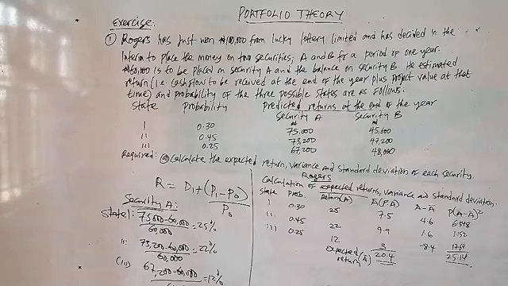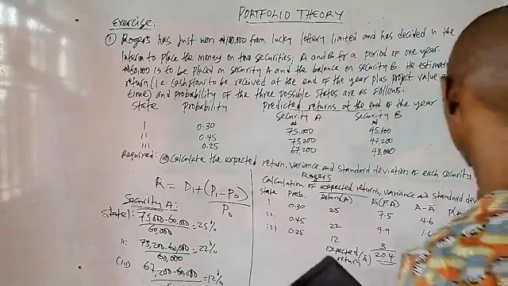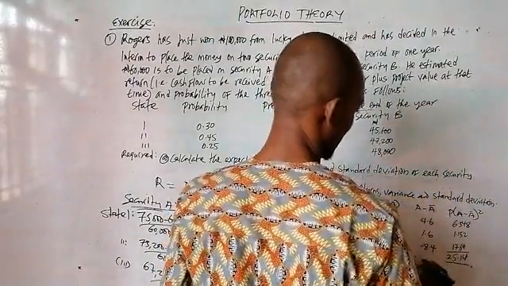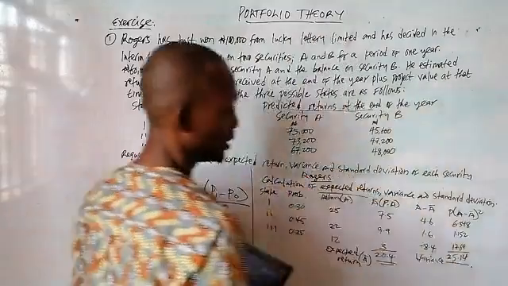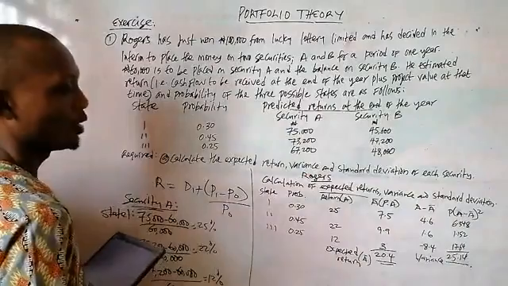So 25.14, this is our variance. That is variance.